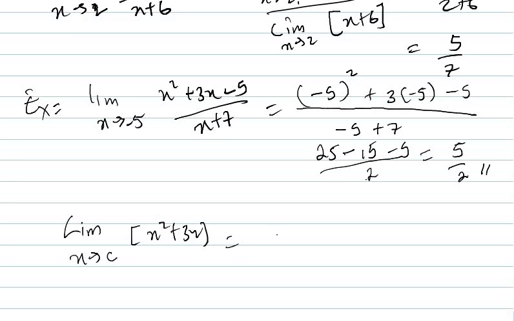So we have c squared + 3c. If it is 3, we just say here we have 3 and here we have 3. If it is 4, likewise for any number.